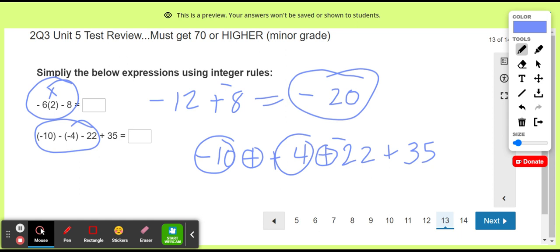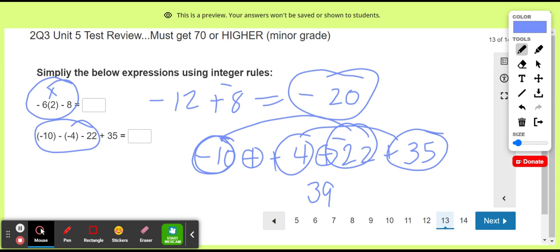So if you want to combine like terms, you can do that. 4 positives and 35 positives is going to be 39 positives. And then we have 10 negatives and 22 negatives, which is a total of negative 32.